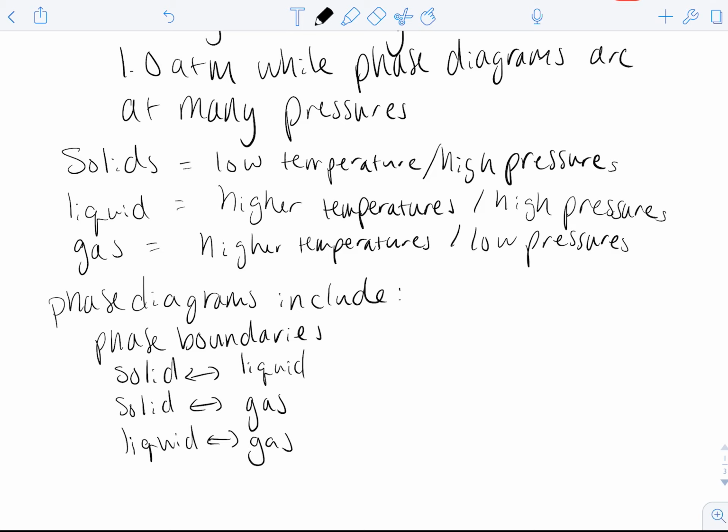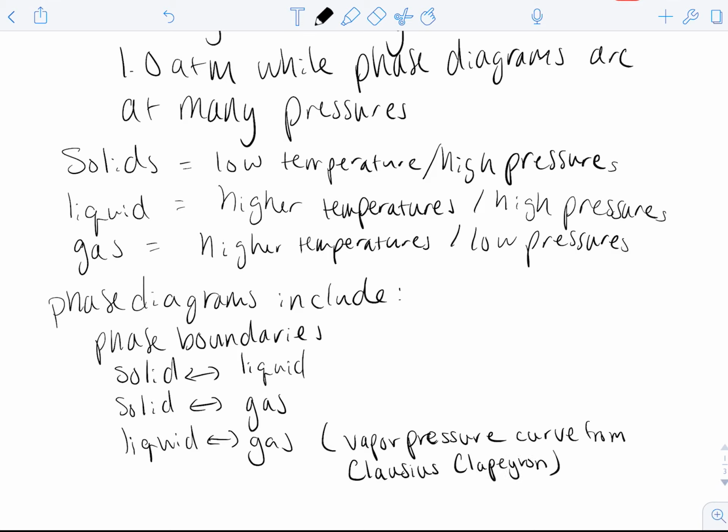Okay, this liquid-gas boundary, that's the same as our vapor pressure curve that we see in the Clausius-Clapeyron equation. And our phase boundaries, these are all when phases are in equilibrium.